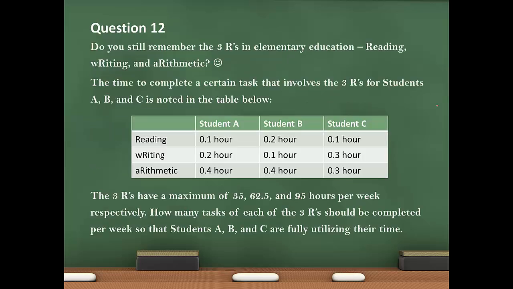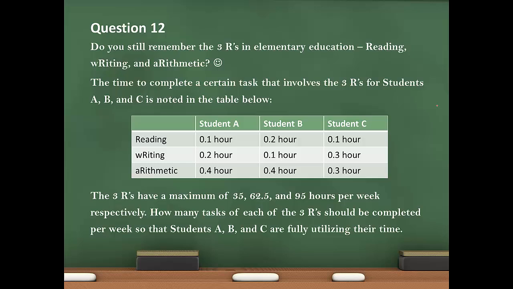Question 12. Do you still remember the 3 R's in elementary education? Reading, writing, and arithmetic? The time to complete a certain task that involves the 3 R's for students A, B, C is noted in the table below.